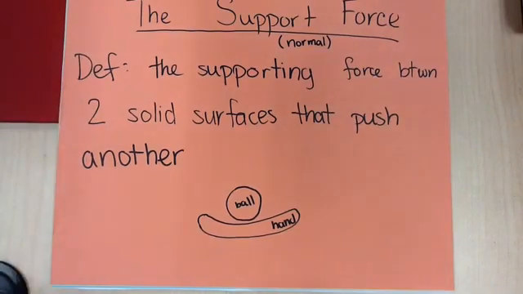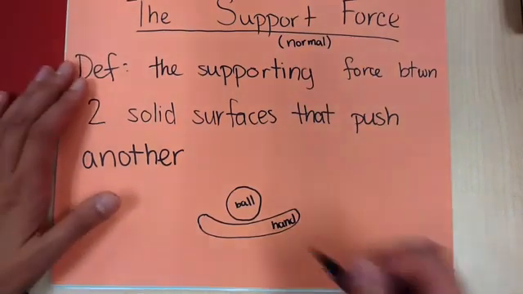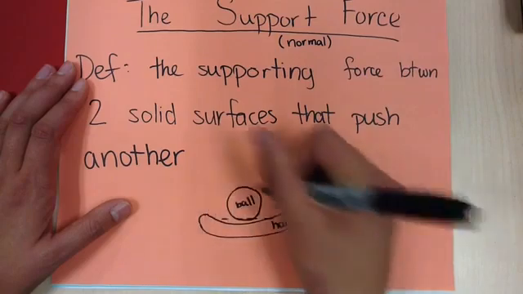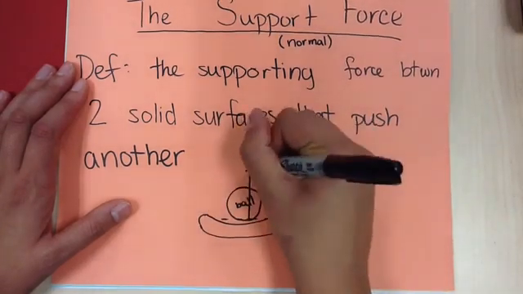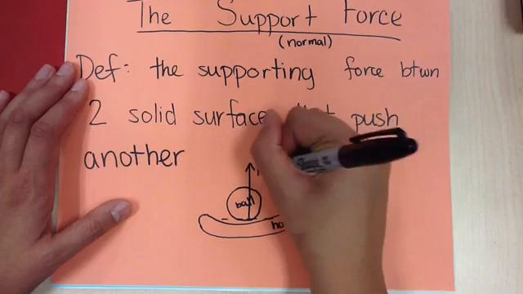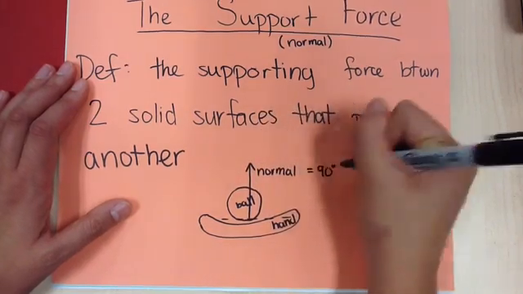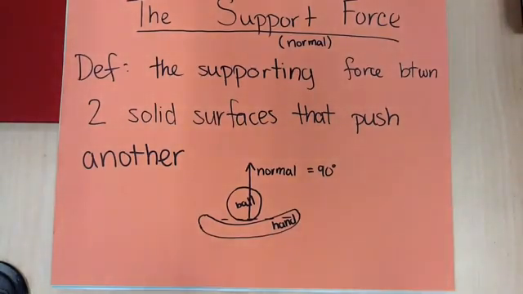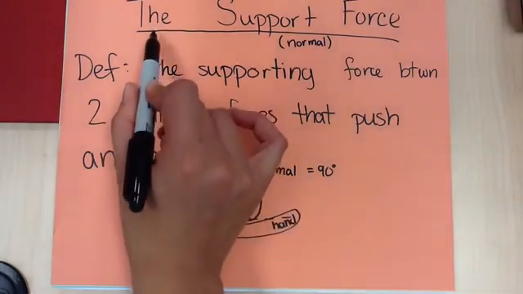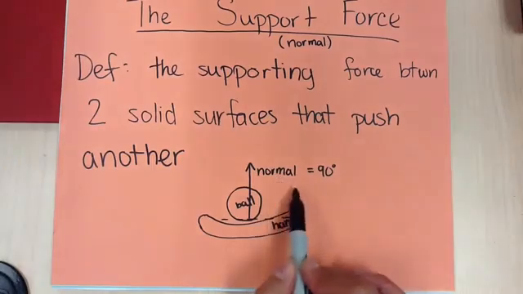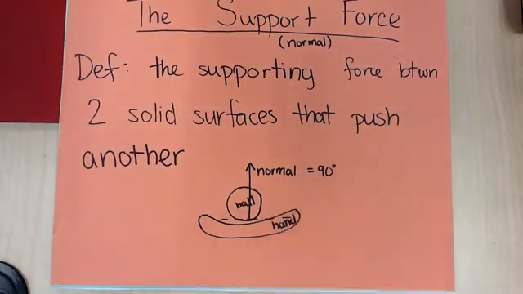Because if I were to look at my hand versus the ball, the normal force works at a 90-degree angle. The word normal in math means 90 degrees. So if you were taking any other physics course, you would literally read this force as the force that supports two solid surfaces at a 90-degree angle from the surface, which we'll get into more in a second.